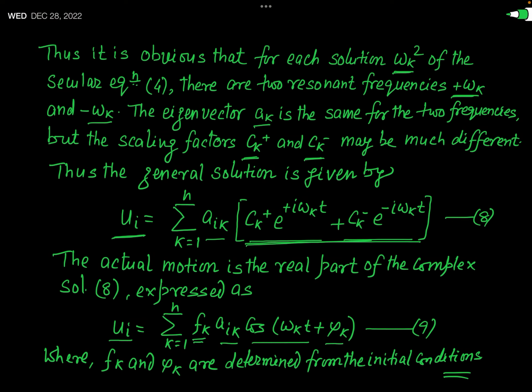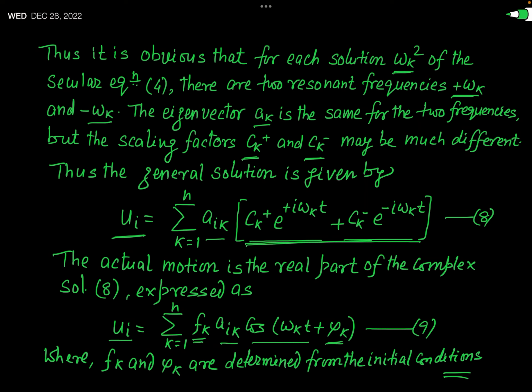Here these f_k and phi_k have been introduced. The values of these constants are obtained from the initial conditions or boundary conditions. So this is the general result for the solution of the equation of motion of a small oscillation, but this is a general theory.